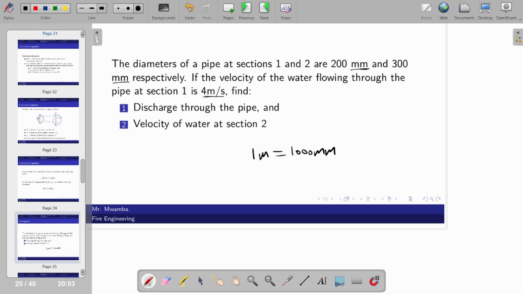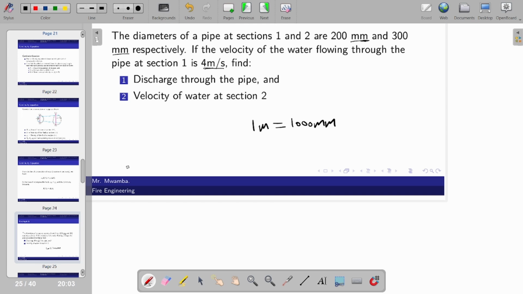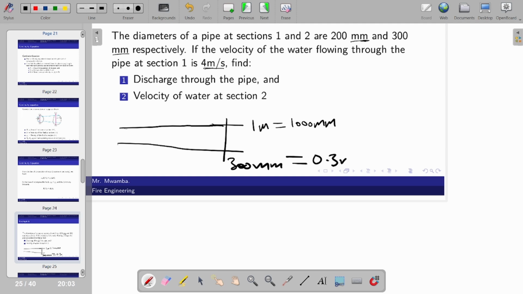So the question which is posed is saying that we have a pipe. At this section we have 300 millimeters, which is equivalent to, you divide by 1,000 to get meters, 0.3 meters.